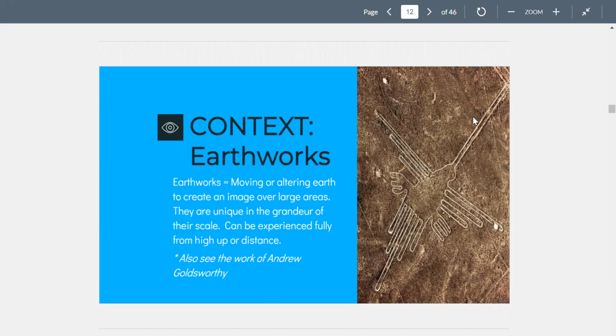So this is a hummingbird done on the earth by, I forgot the name, Andrew Goldsworthy, an English sculptor. You can only see this when you are looking from above in an aeroplane or something, because at ground level you cannot see the scale of it. So see, the context is also important when you are comparing the scale and looking at a composition.